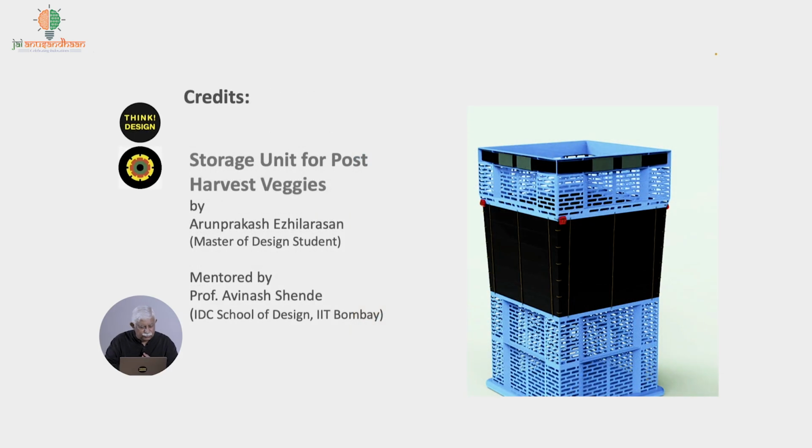So that's the storage unit for post-harvest vegetables, done with a lot of thinking, but also a lot of variations, and you can see how prototyping at every stage in different ways has led to a really innovative solution. And because of its ability to cool itself and stack itself without putting the weight on the vegetables at the bottom, it's a viable solution.